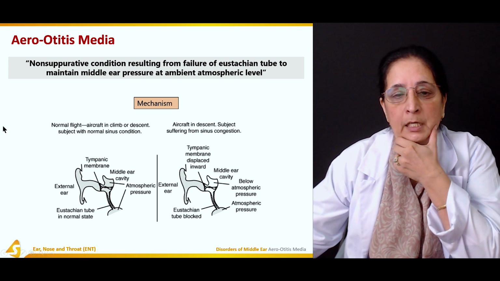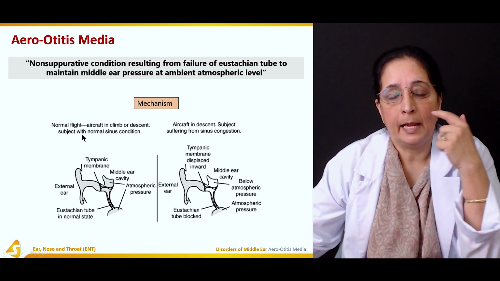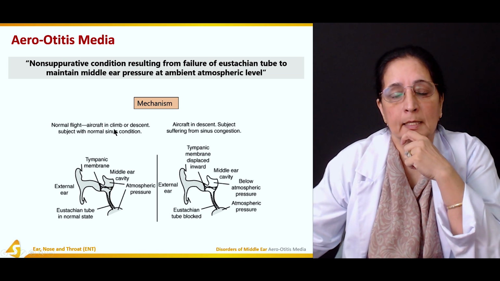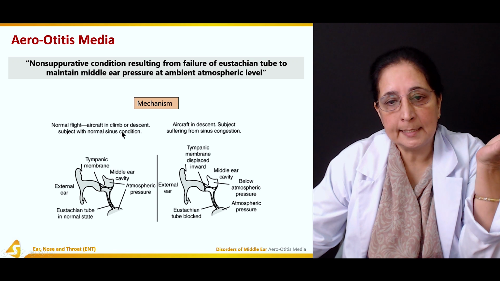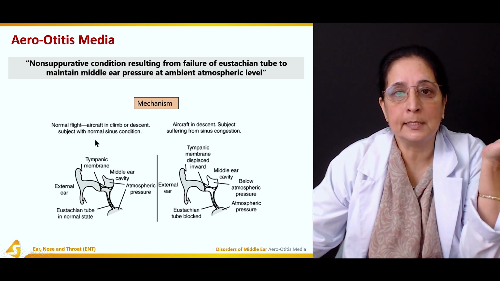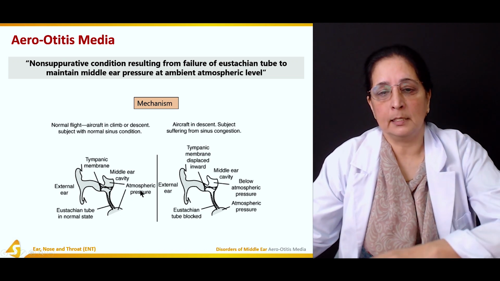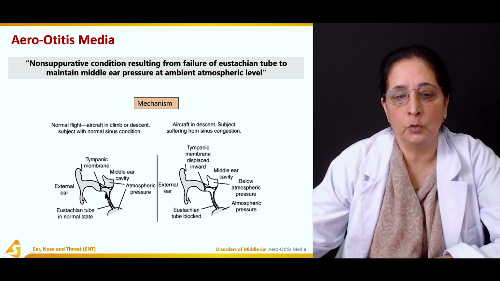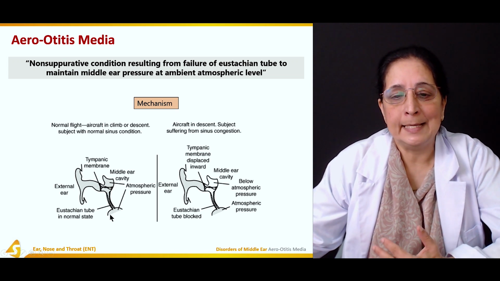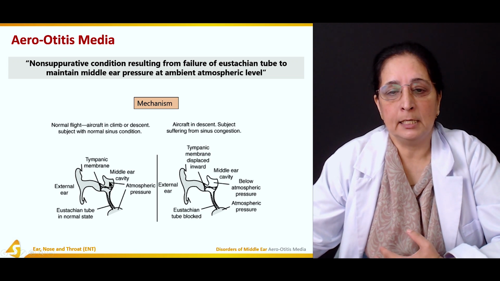Here, suppose a patient is in a normal flight, and the aircraft is in climb or descent. What happens? In a patient with a normal sinus condition, the eustachian tube maintains the air pressure in the middle ear cavity.